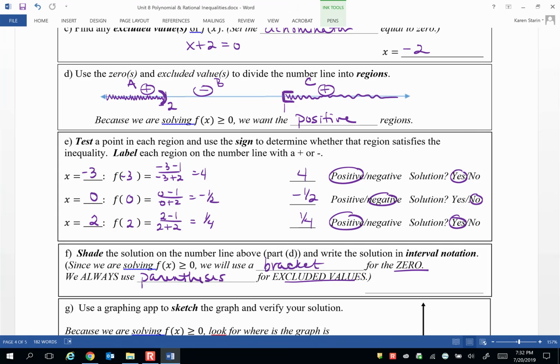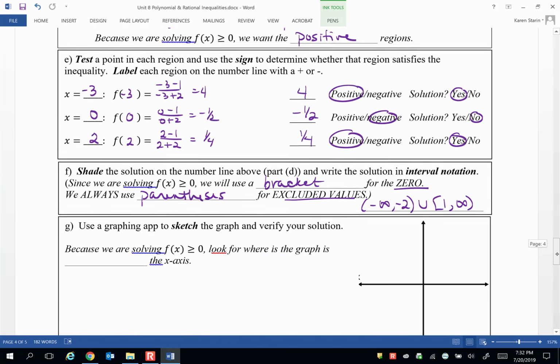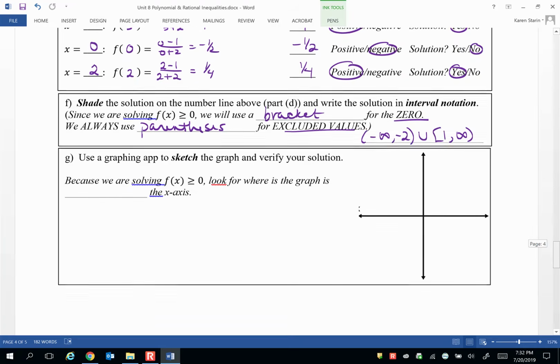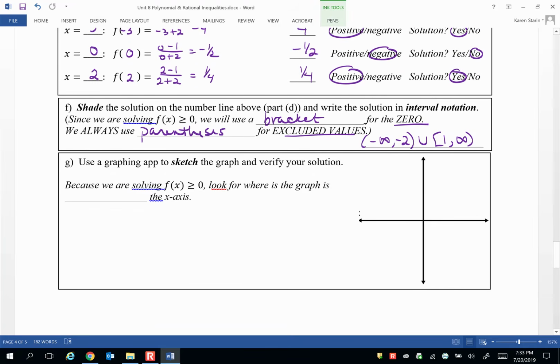So writing the solution in interval notation will be -∞ to -2 with a parenthesis, union, bracket the 1, and go to infinity. And once again, instead of sketching it by hand ourselves, you can go to any graphing app that you choose and sketch the graph.